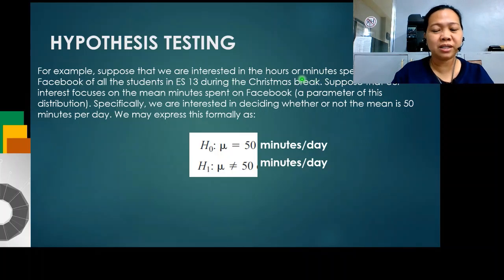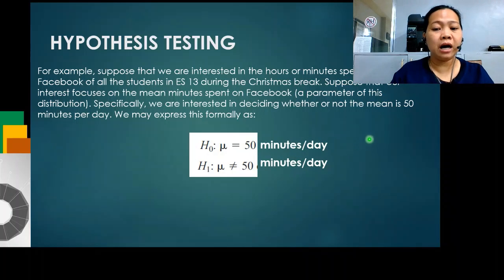How many hours or minutes did you spend on Facebook per day during the Christmas break? Suppose that our interest focuses on the mean minutes spent on Facebook, a parameter of the distribution. Specifically, we are interested in deciding whether or not the mean is 50 minutes per day. We may express this formally as: the mean minutes per day that you spend on Facebook during the Christmas break is 50 minutes per day.